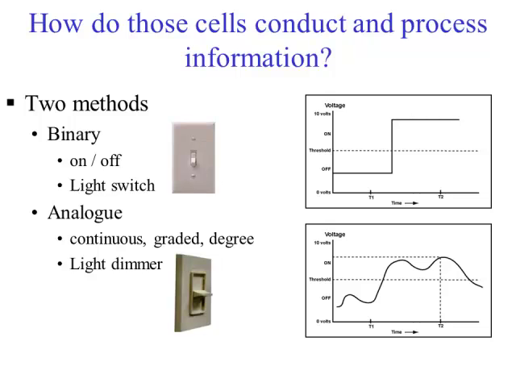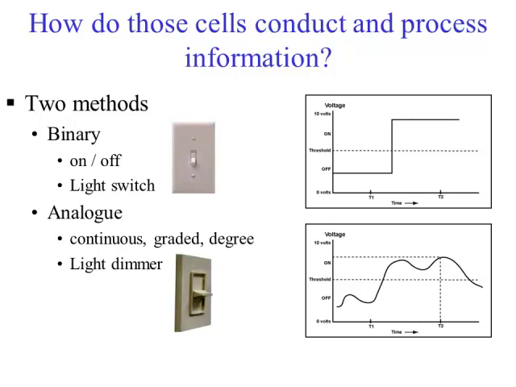If binary is simply a light switch turning on or off, analog is a dimmer switch where I can move it along a slider or turn the little knob, and I can set different intensities of the light to be all the way bright, not on at all, or anywhere in between. And we're going to see binary and analog systems coming out when we're describing how these neurons talk to each other. Sometimes they talk to each other in a binary sense, and sometimes they're going to talk to each other in an analog sense.